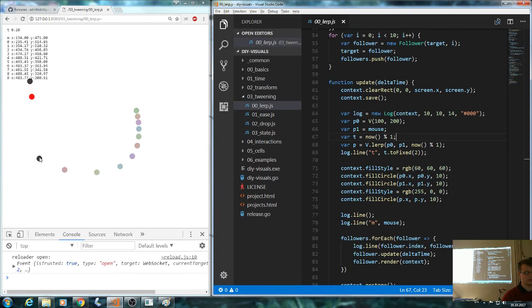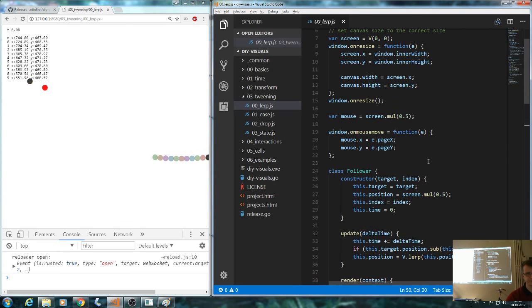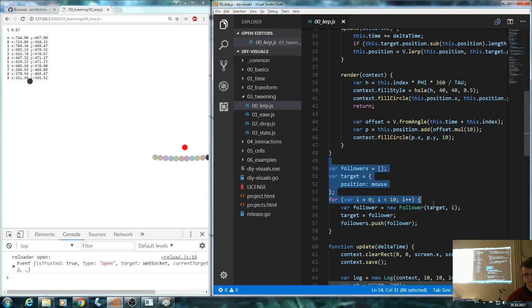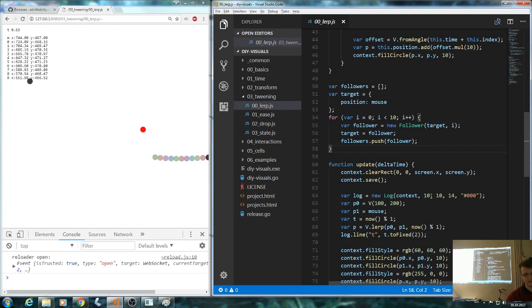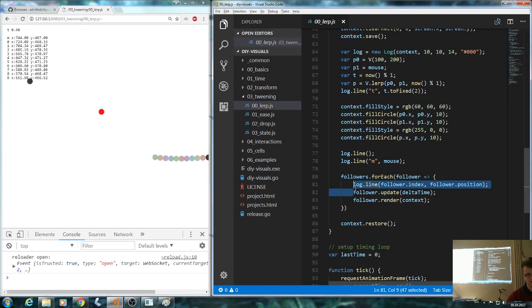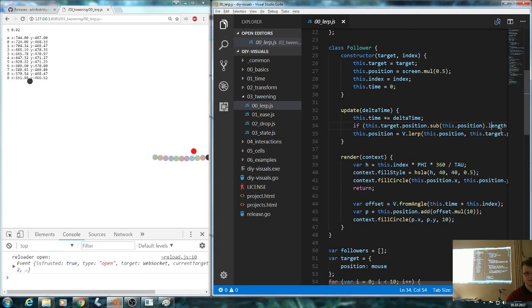And what we can do with this moving towards something is to make this tail here. Instead of these dots, they are always moving towards the next thing, kind of taking a small step towards it. So when you take the followers, here we set up this tail thingy, and we tell each follower to move towards the place that it should be.